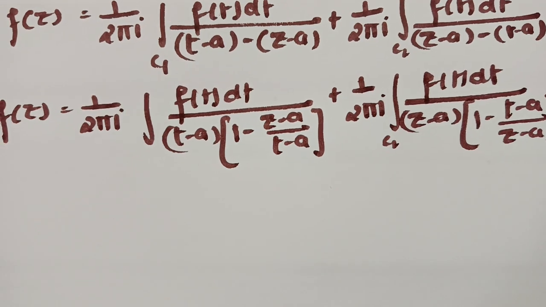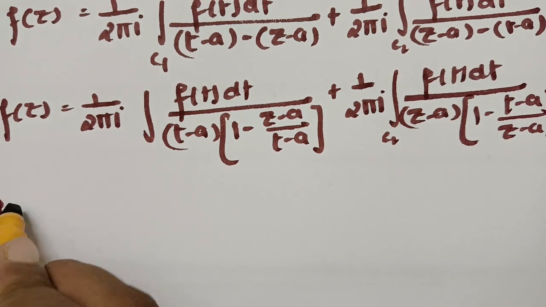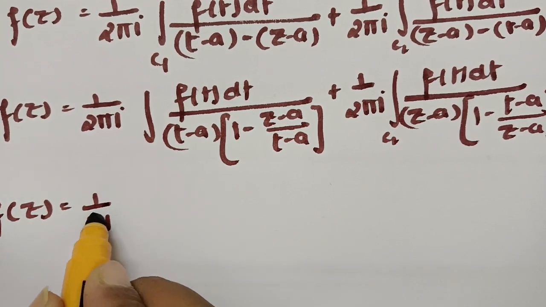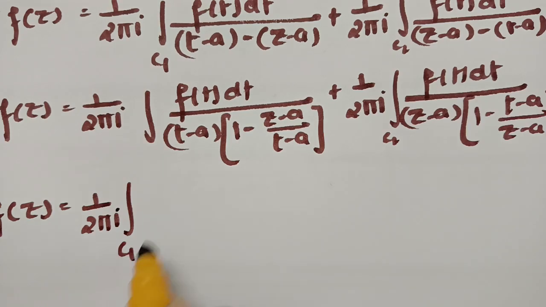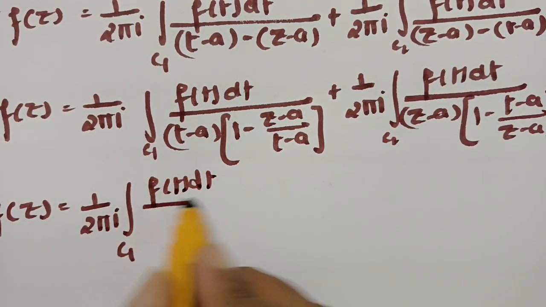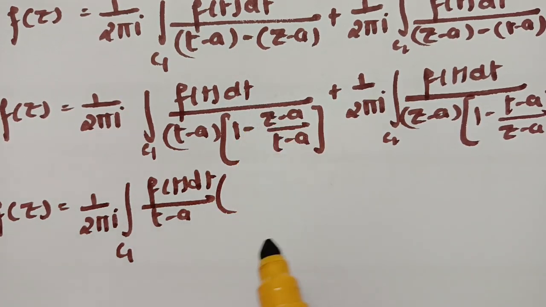Got it? And the next step is f of z is equal to 1 by 2 pi i integral, the first one is c1, f of t dt by t minus a, and I am taking this to the numerator.